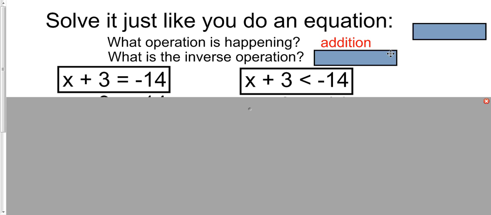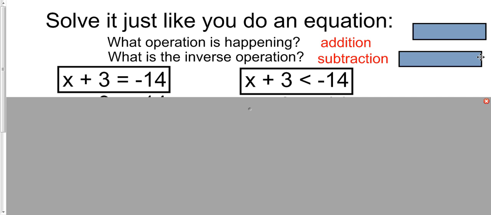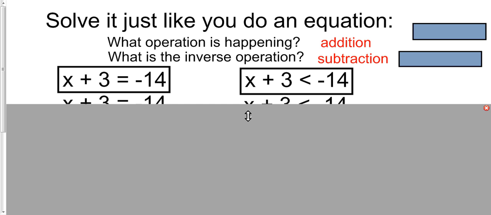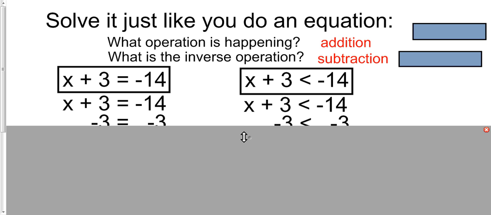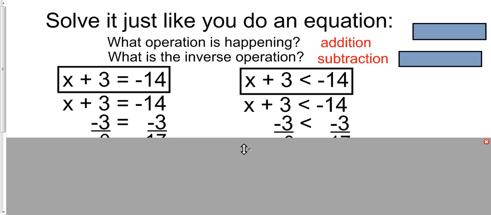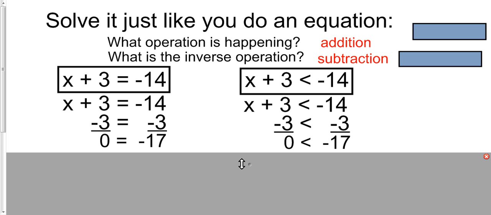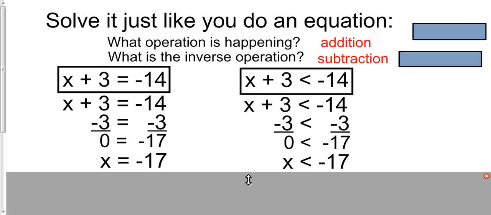How will we solve them? We will use subtraction. Okay, so we will subtract 3 from both sides, and our answer for the equation, x equals negative 17, for the inequality, x is less than negative 17.